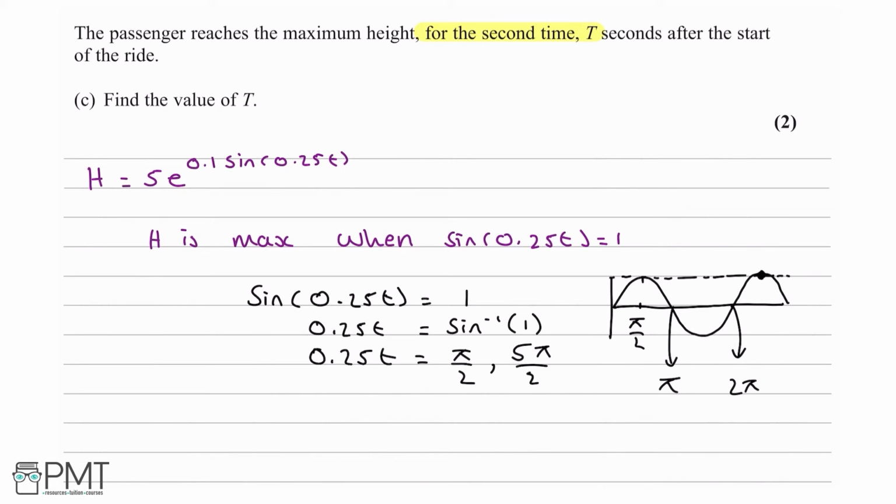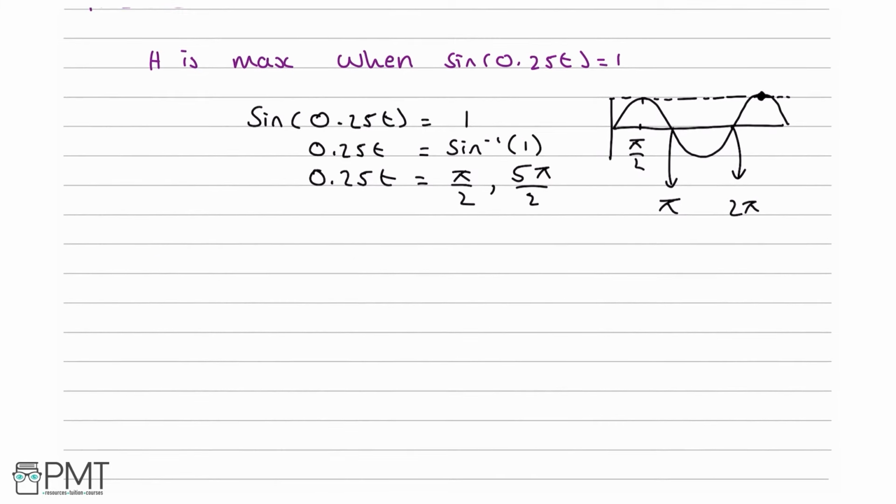So we need to find which t value is the second one, and that is 5 pi over 2. So we say 0.25t equals 5 pi over 2.